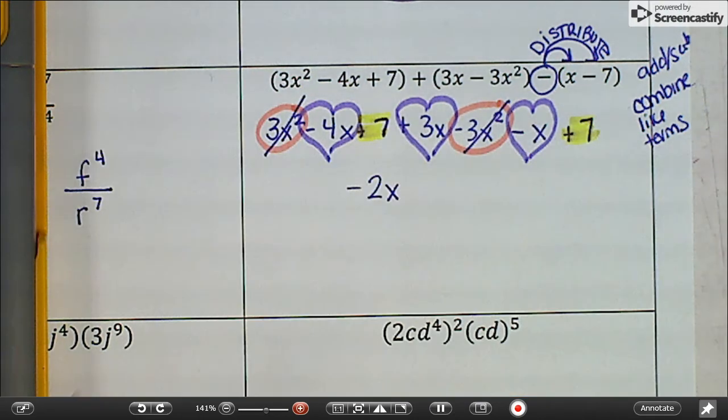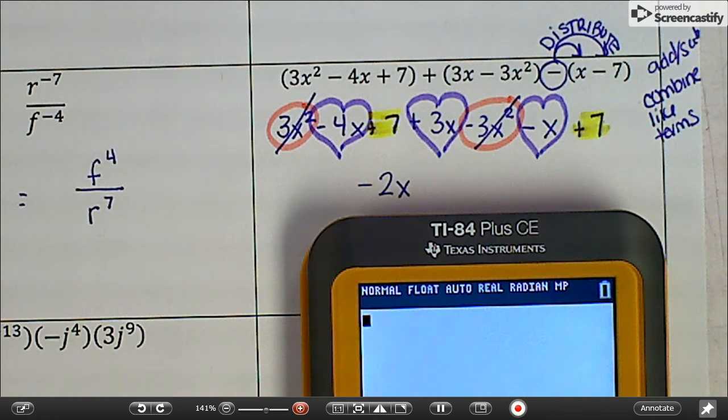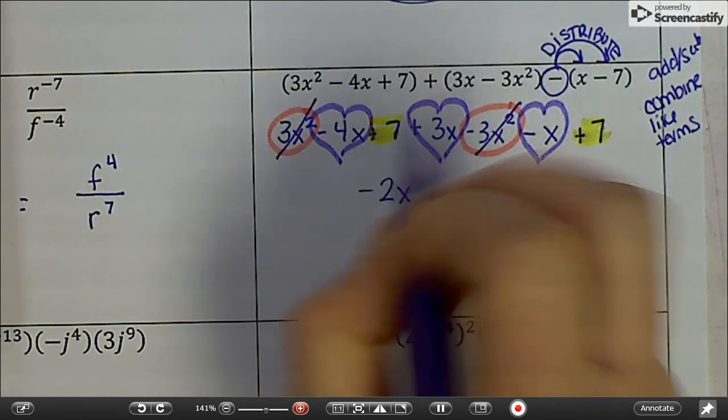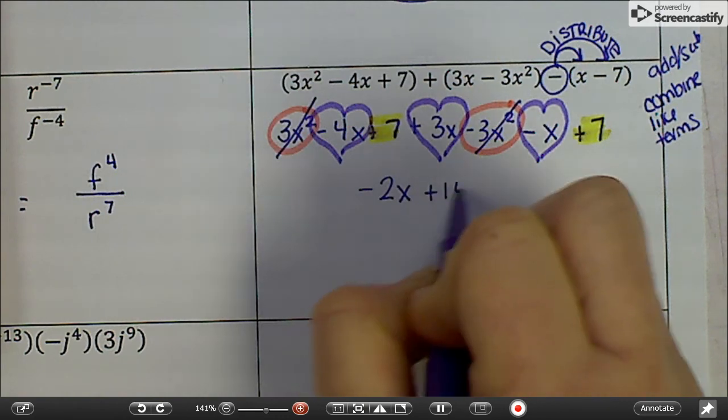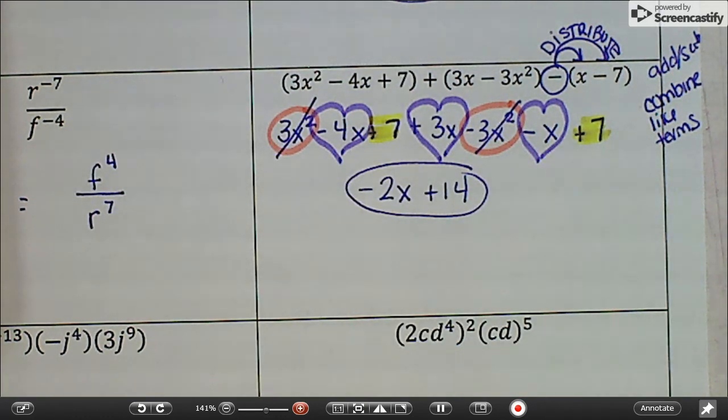Okay, so we just added, if you can see the calculator, we did negative 4 plus 3 plus negative 1 is negative 2x. Okay. Now we're going to look at the constants. 7 plus 7 is 14. So that's the answer. So in that problem, we had to use distributing and then combine like terms.